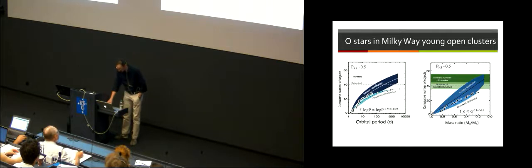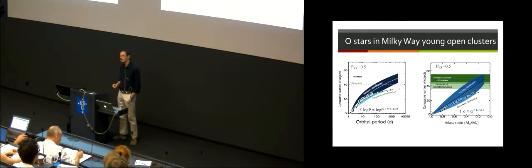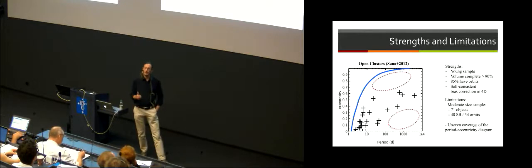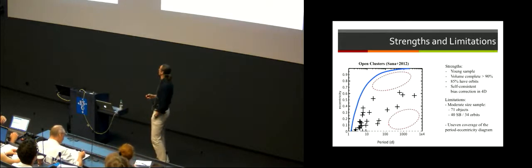All right. So I want to say a few words about the strengths and the weaknesses of that study, because I'm probably the best person to criticize my own work. Among the strengths, it was a young sample, so we are close to the initial conditions.